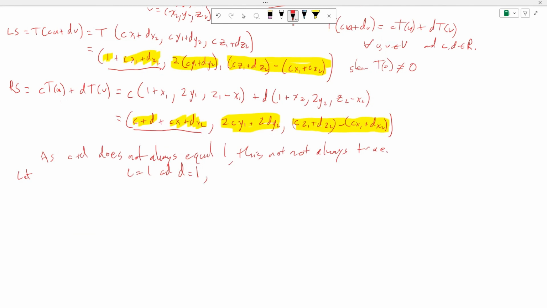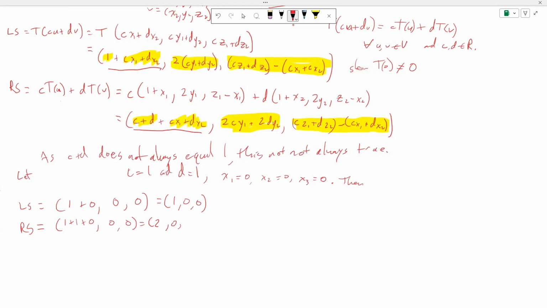So we're going to let c equal 1, d equal 1, x1 equal 0, x2 equal 0, and x3 equal 0. Then our left side equals 1 plus 0, 0, 0, which equals 1, 0, 0. And our right side equals 1 plus 1 plus 0, 0, 0, which equals 2, 0, 0.